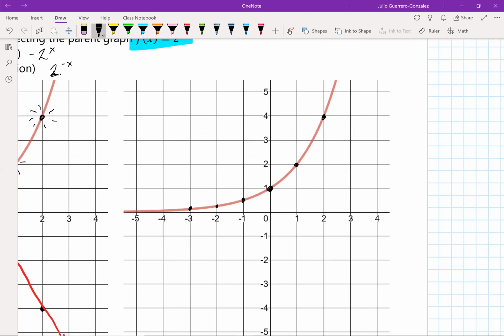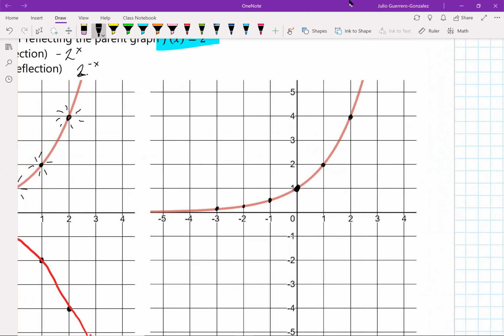Now, this one's a little bit more interesting. This point right here, since we're reflecting it across the y-axis, stays put. But everything else does switch. So this point right here will go over here. This point right here will flip to the other side right here. And so on and so forth. That goes right there.